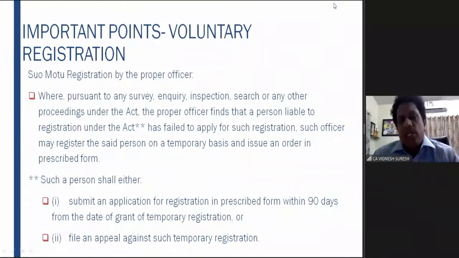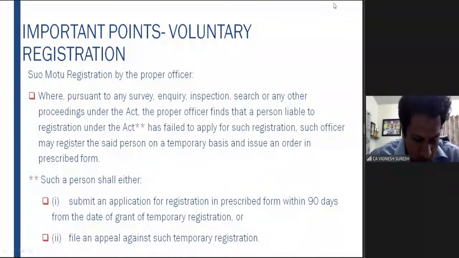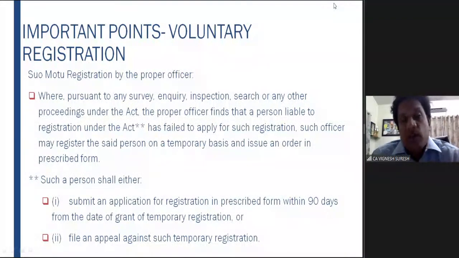Suo motu registration by the proper officer. When I say suo motu, it means on his own. That is, on his own, the proper officer gets the person registered under GST. So wherever pursuant to any survey, inquiry, inspection, search, etc., the proper officer has come to know that the person who is liable to registration has not applied for the registration, he will register that person on a temporary basis and issue the order in the prescribed form.